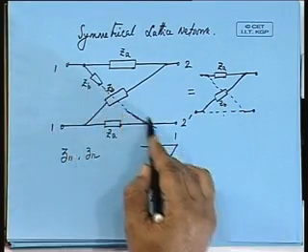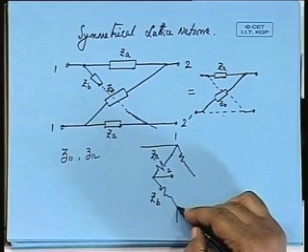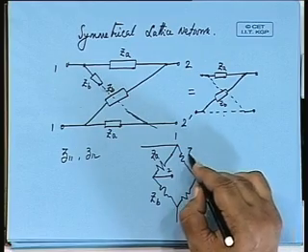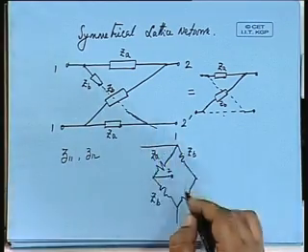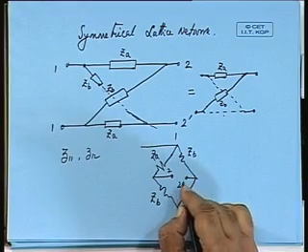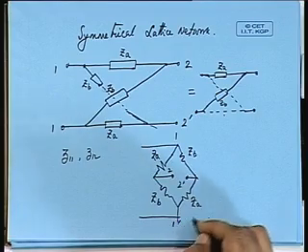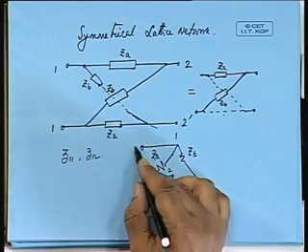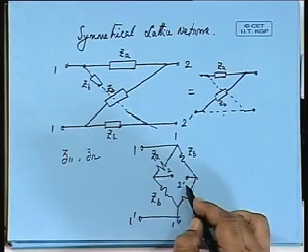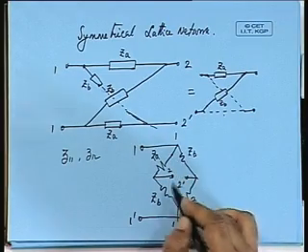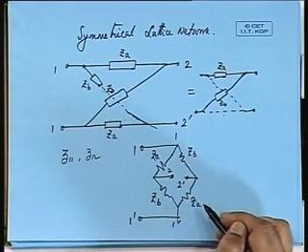There is another branch ZB and ZA, and that junction is 2 dashed. So, basically this is 1 dashed. This is a bridge circuit where the potential across the bridge elements will be the output.